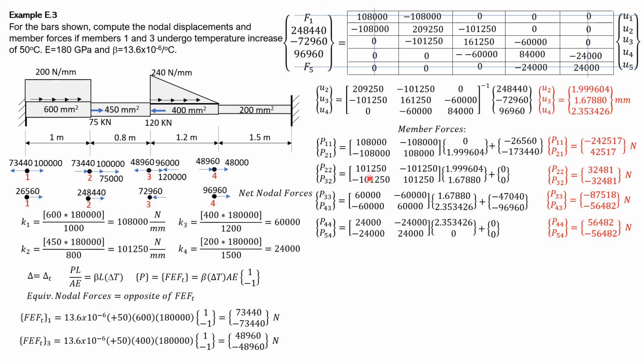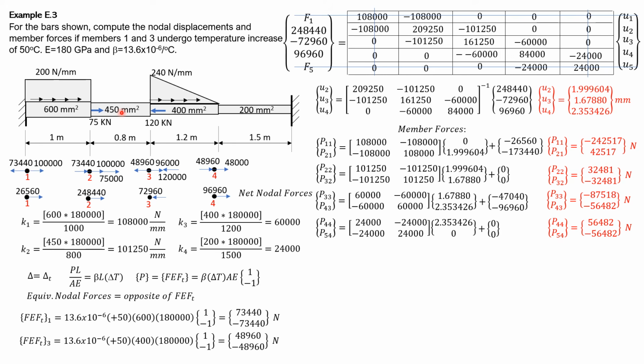For member 2, there are no forces here, and member 2 is also not subjected to thermal changes, so there will be 0 fixed forces. This is the stiffness of member 2, then U2 and U3. Expanding, you'll get 32,481 and negative 32,481 newtons for the left and right forces of member 2.